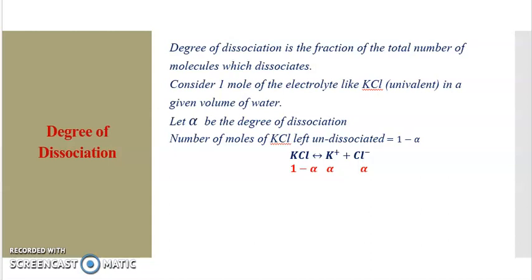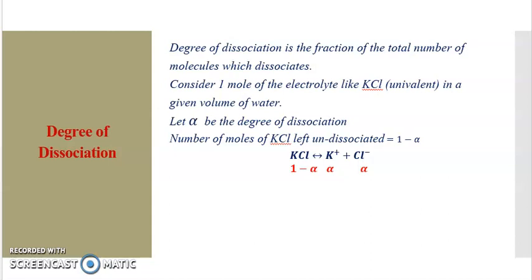The number of moles of KCl left undissociated is 1 minus alpha, because at first the number of moles of KCl is 1, since we have taken 1 mole of KCl, and alpha is the degree of dissociation. As time goes on, KCl dissociates to produce K+ and Cl-.